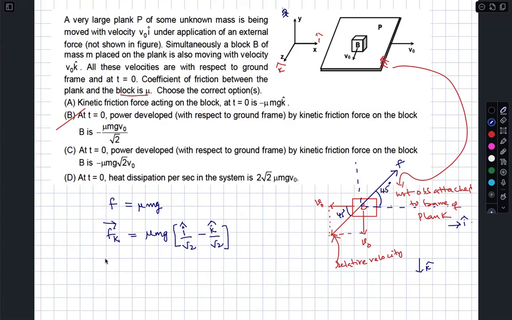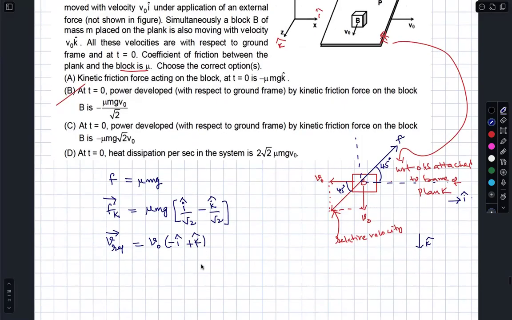What is relative velocity? V relative is again v naught times minus i cap plus k cap. That is the picture. So, kinetic friction, it's a wrong, right?